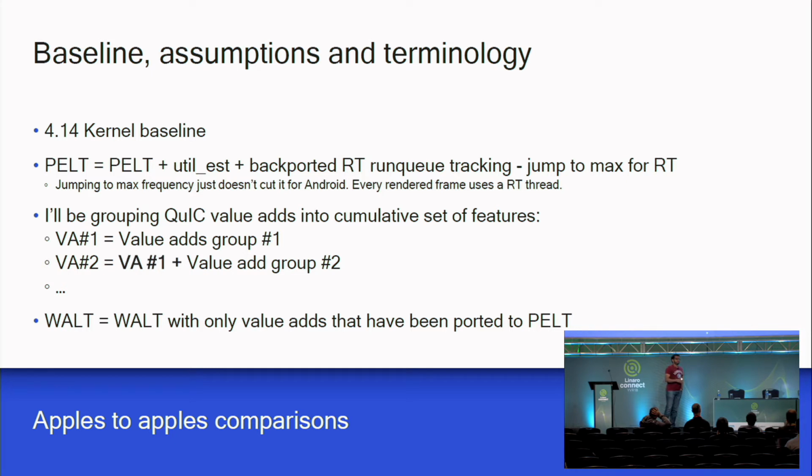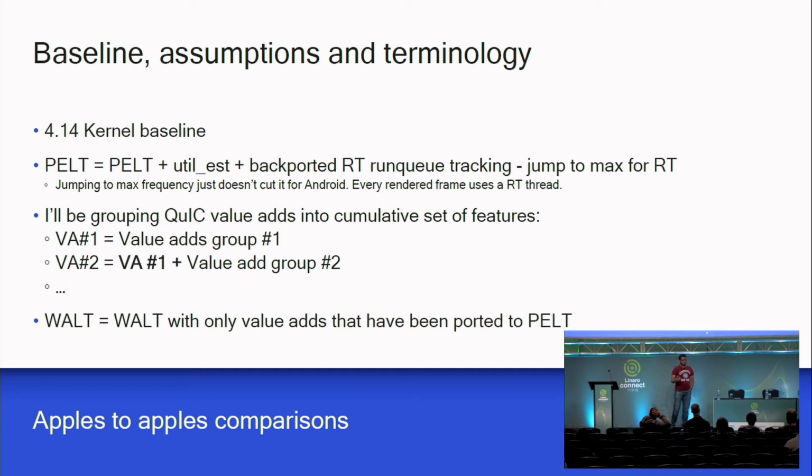We've also explicitly removed the upstream change to jump to max frequency whenever an RT thread is running. Jumping to max frequency for an RT thread just doesn't cut it for a mobile device, because Android uses it, I think, almost every frame render. If you use SurfaceFlinger, it uses an RT thread. So jumping to max frequency just doesn't cut it.